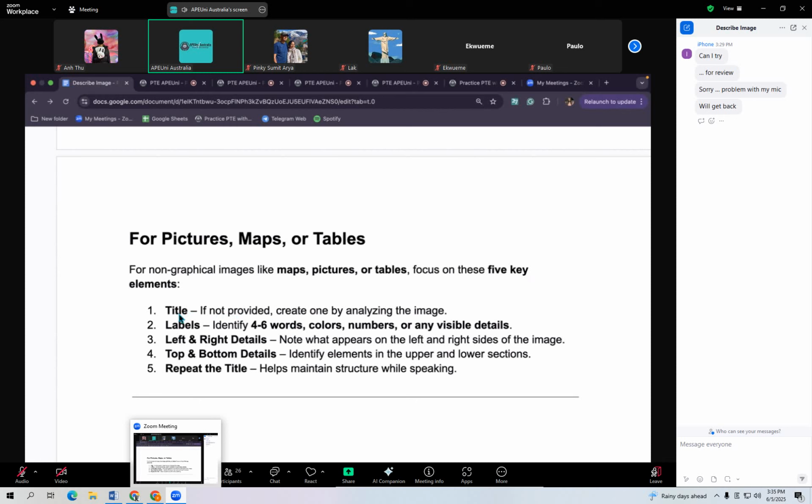Component number 2, the labels. Component number 3, pick up something from the left and something from the right. Component number 4, get something from the top part and something from the bottom part of the image. Component number 5, nothing new, just repeat the title from sentence number 1, component number 1, right?